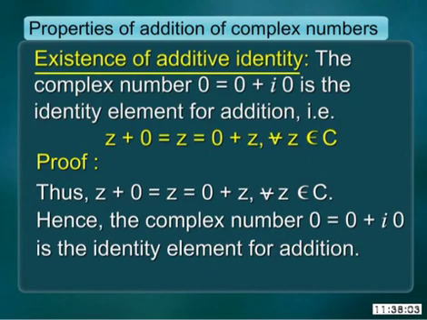Thus, z plus 0 is equal to z, which is equal to 0 plus z for all z belonging to the set of complex numbers. Hence, the complex number 0 equal to 0 plus iota 0 is the identity element for addition.